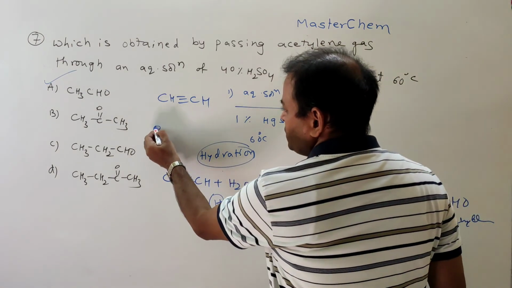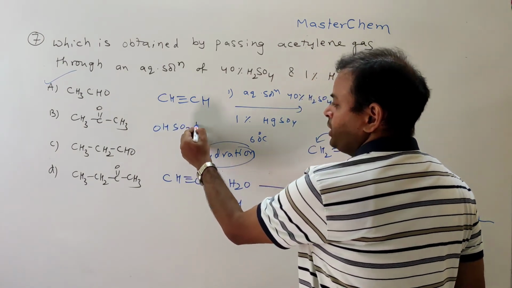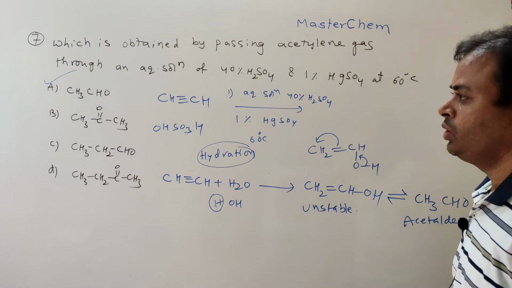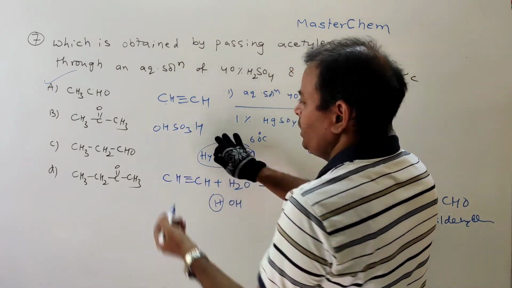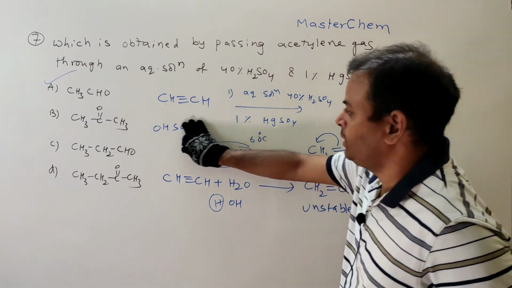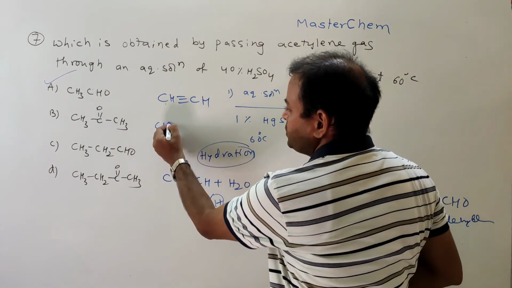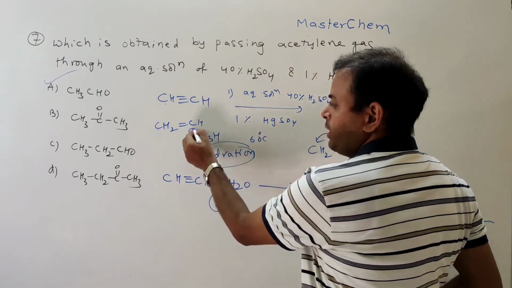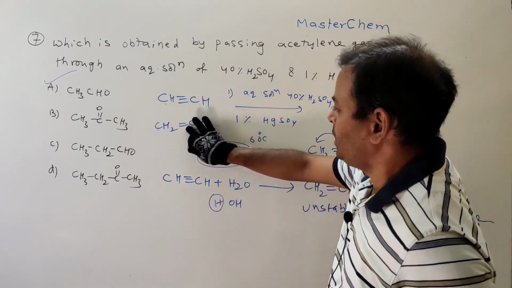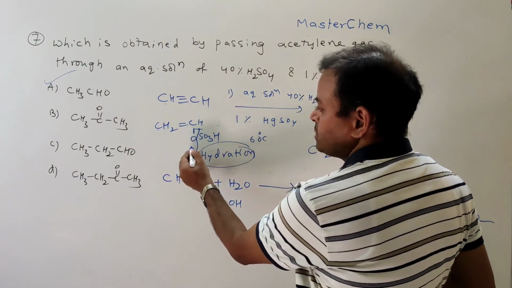Okay. So on acetylene, H2SO4, H2SO4 means OHSO3H. So attach hydrogen here and remaining OSO3H here. So what it gives? CH2=CHOSO3H. This on hydrolysis, what it gives?